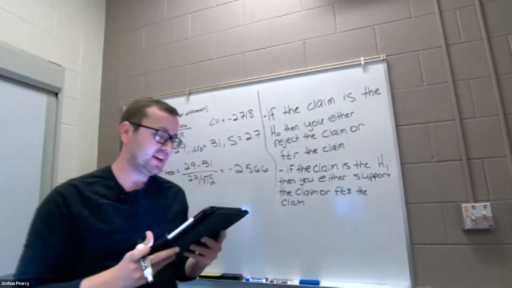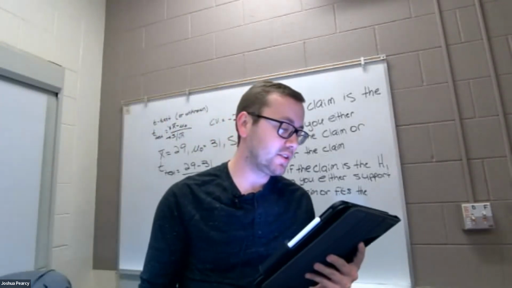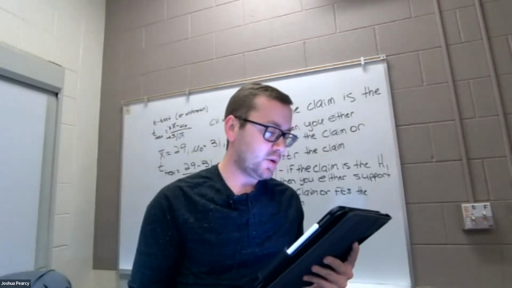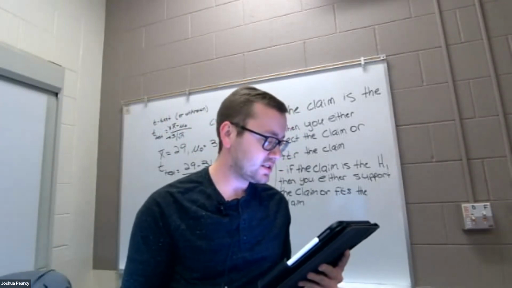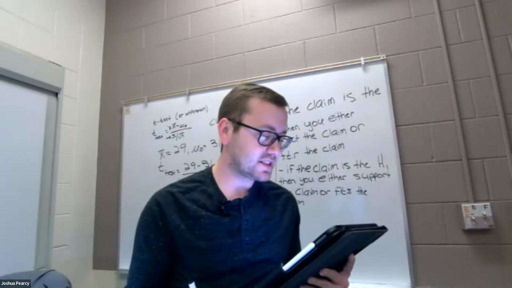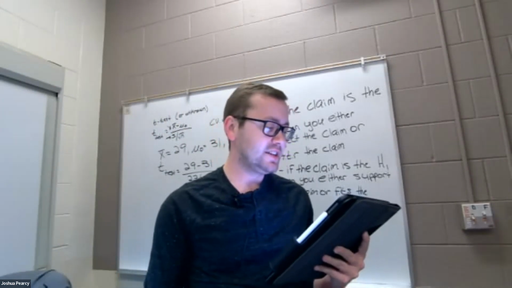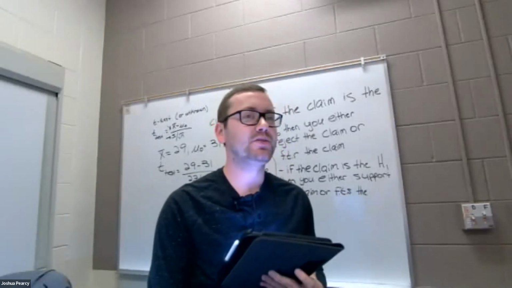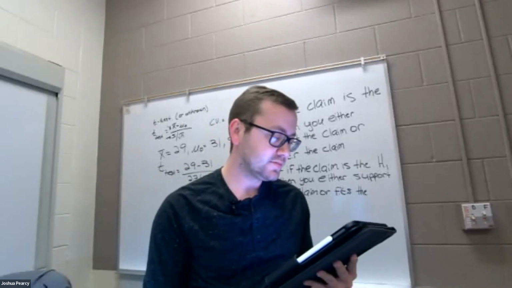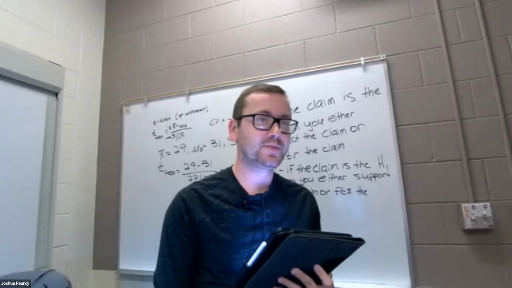A physician claims the jogger's maximal volume of oxygen uptake is greater than the average of all adults. A random sample of 15 joggers has a mean of 40.6 and a standard deviation of 6. If the average of all adults is 36.7, is there enough evidence to support the physician's claim, alpha is 0.05? Now, based on that, what is the null and the alternative?